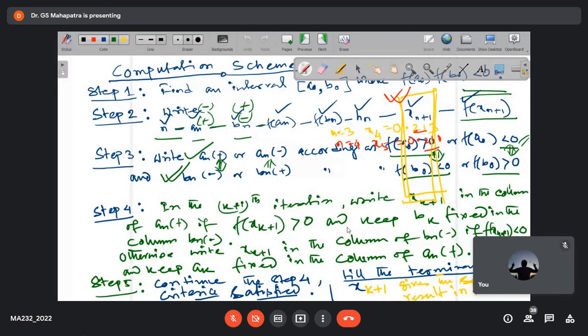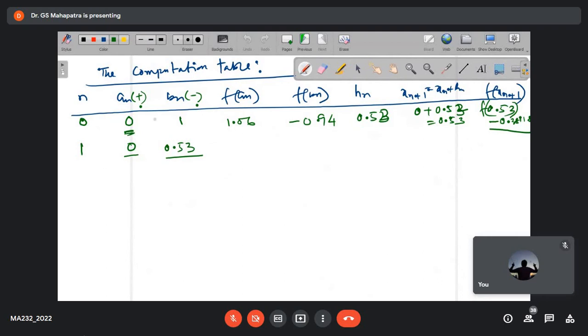If it is positive, then the positive one should be replaced. If it is negative, then the negative one should be replaced. Just see step 4. Here it is negative again, so it should be replaced by the negative.